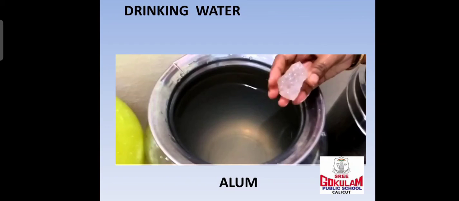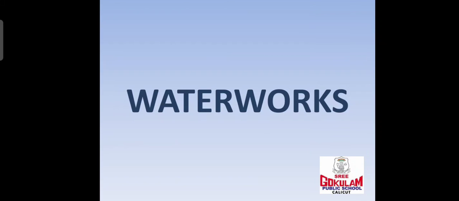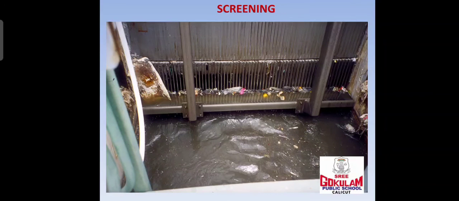In towns, the water supply is purified in the water works to make it fit for drinking. We can learn which processes are done in water purification plants. The first process is called screening. What is screening?